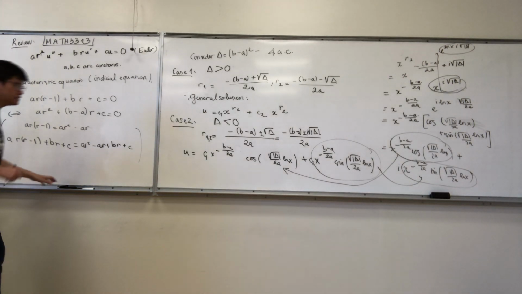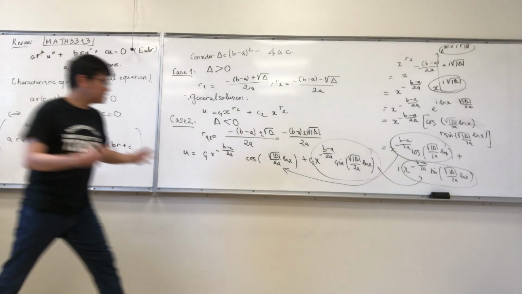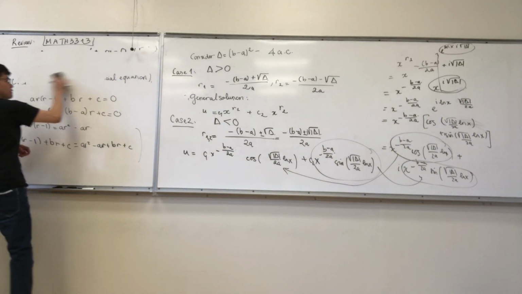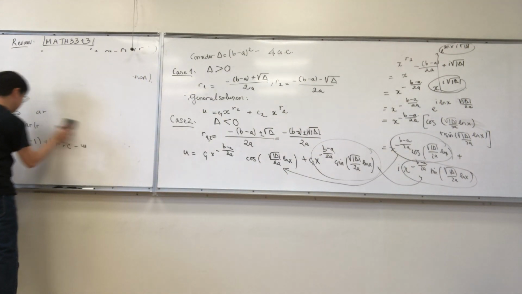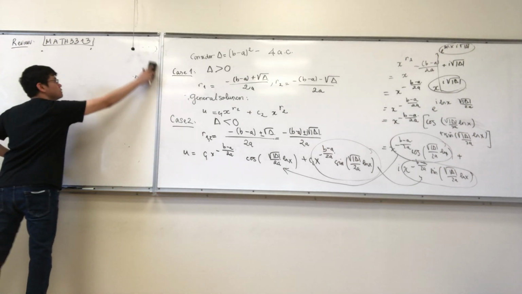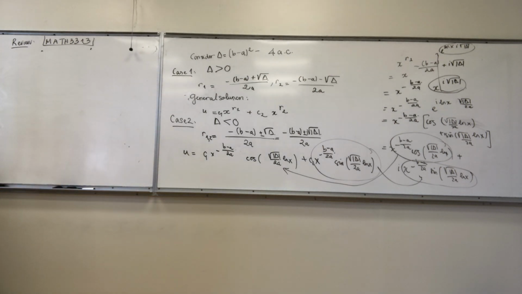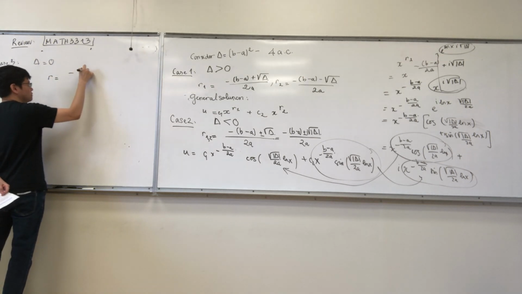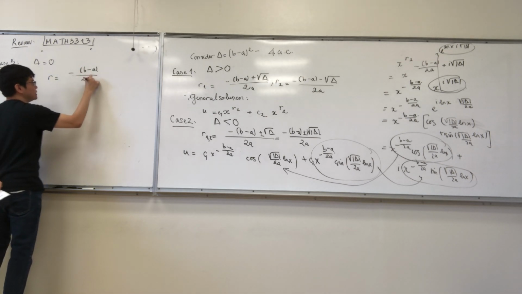Now, the last case, case number 3: delta is 0. Then you have only one solution. R is minus b minus a over 2a because delta is 0.